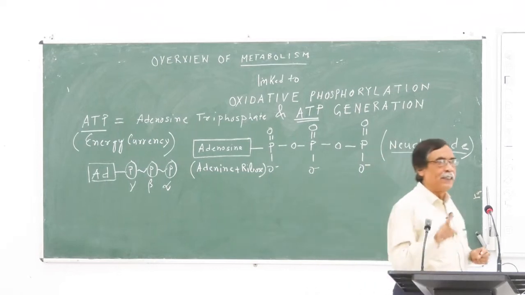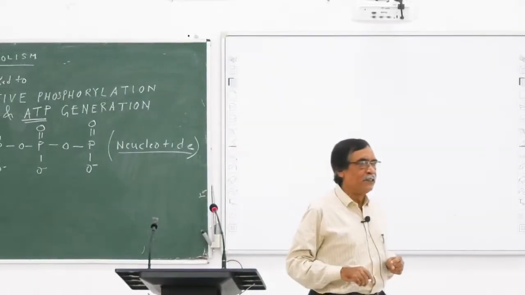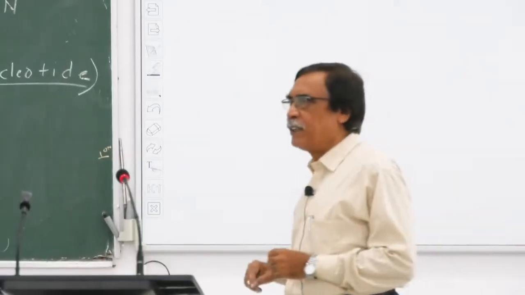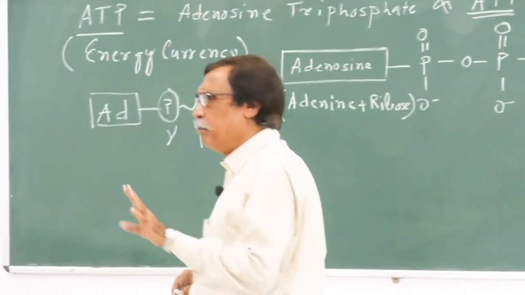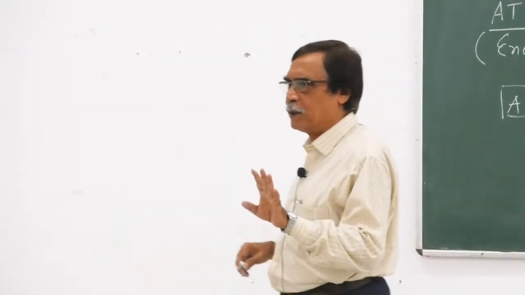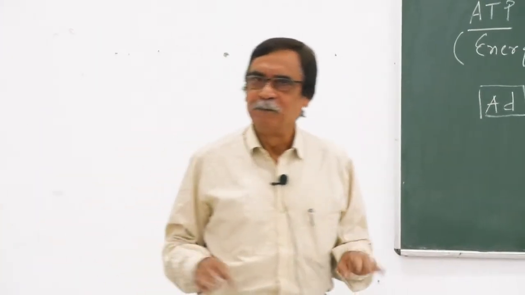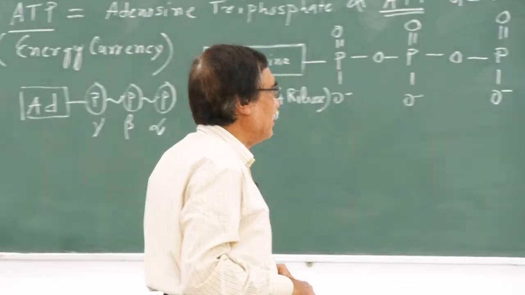ATP becomes the currency of energy, not the ADP, adenosine diphosphate, nor the AMP, adenosine monophosphate. These are not currency. ATP is the currency.